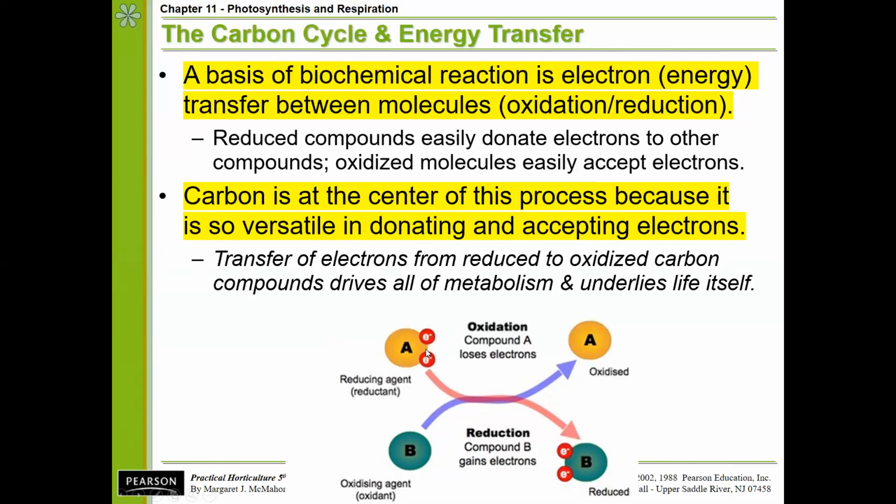Basically, oxidation is losing an electron, reduction is gaining an electron. This transfer of electrons is what basically underlies all life on our planet itself. Carbon, of course, is at the center of this process because of its bonding and its ability to share electrons, and is the most versatile element at donating and accepting electrons.